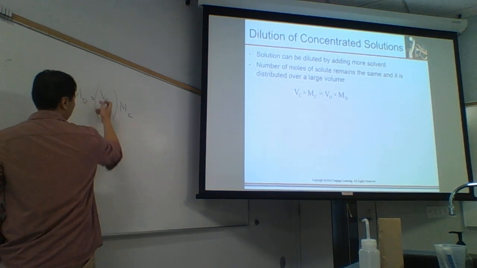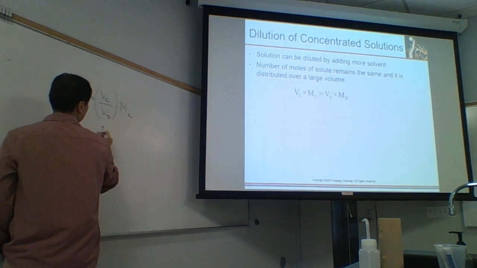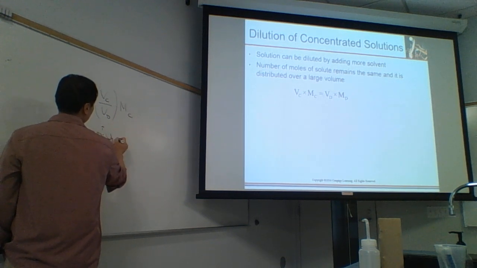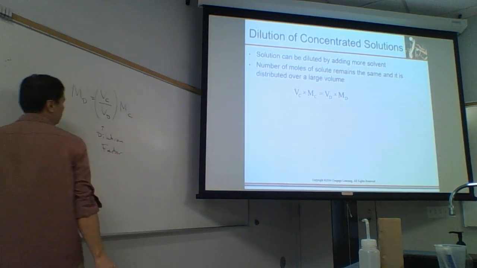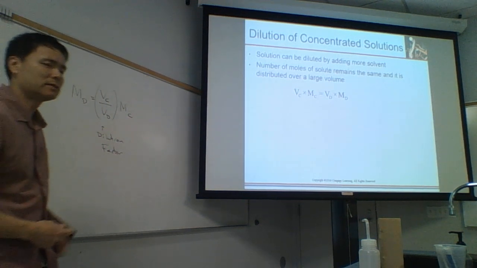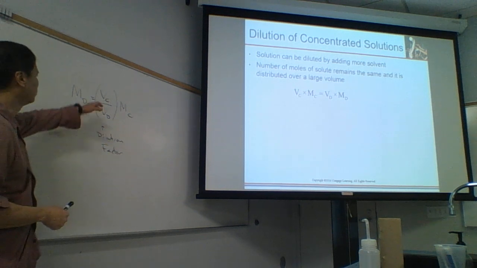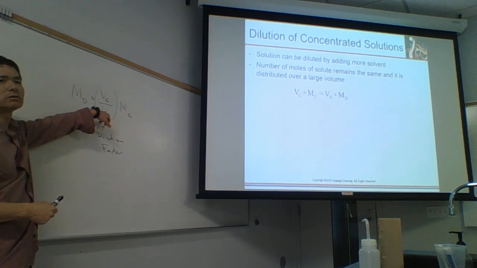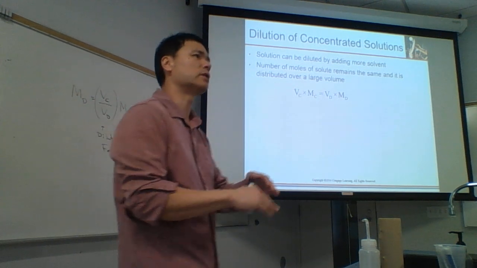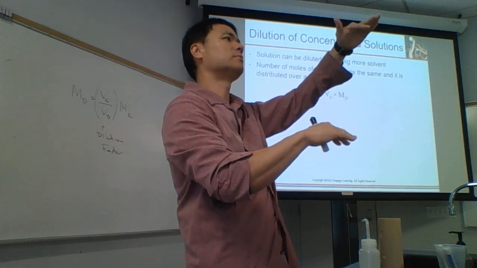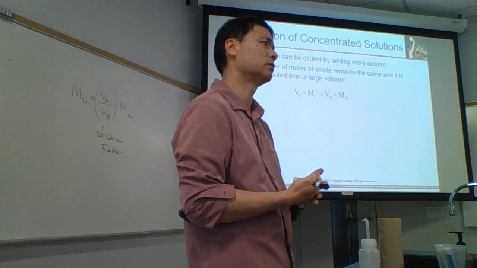This fraction here I call the dilution factor. So let's say I take one part of concentrated and make it 10 parts total. So if I take, let's say, 100 milliliters of the concentrated stuff and dilute it to 1,000 milliliters, that's a 1 in 10 dilution.